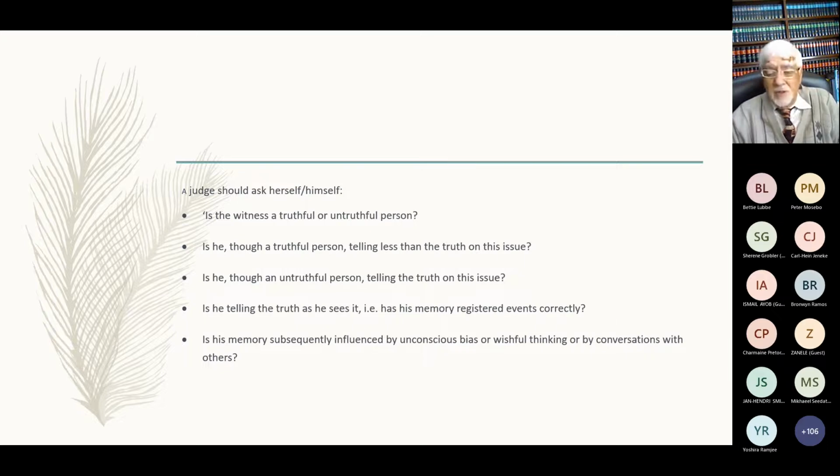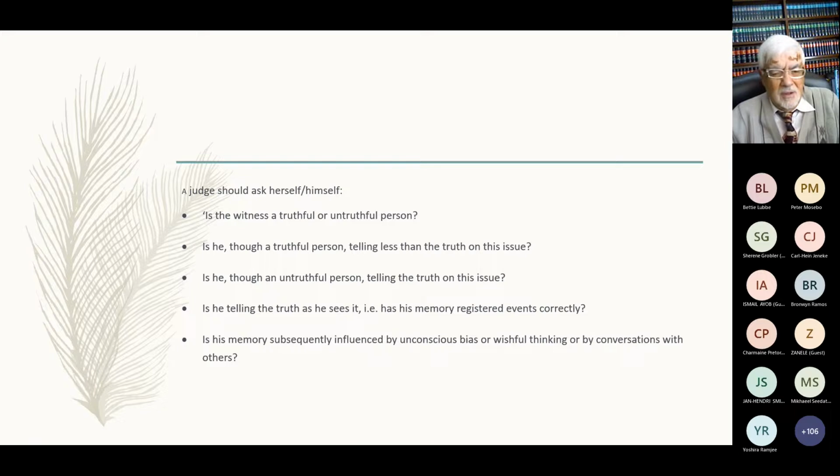Now, there are some things witnesses do which immediately create the impression that the witness is lying. The classic is where a witness contradicts themselves in cross-examination and cannot explain the contradiction. And these are contradictions of material facts, not mere detail.